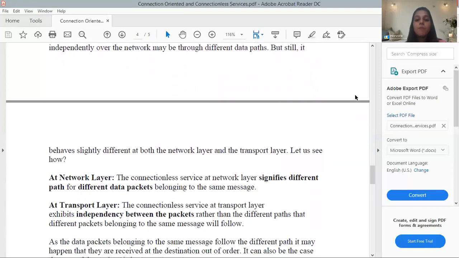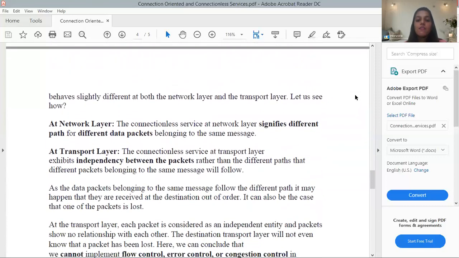At the network layer, connectionless service uses significantly different paths for different data packets belonging to the same message. And at the transport layer, it exhibits independency between the packets rather than different paths.